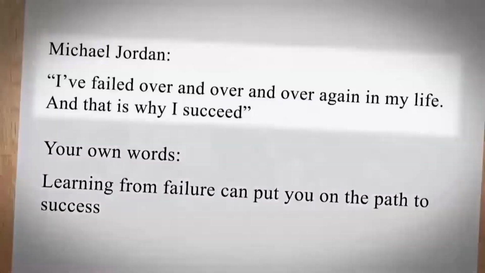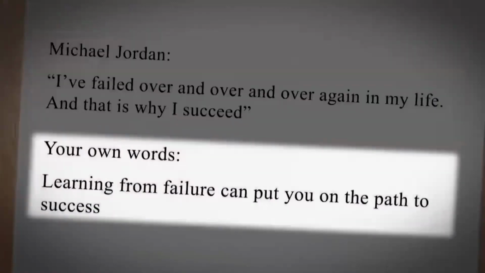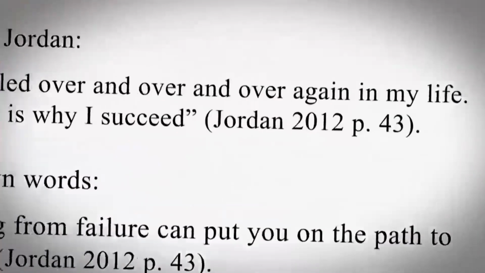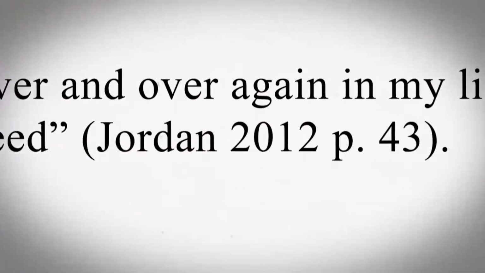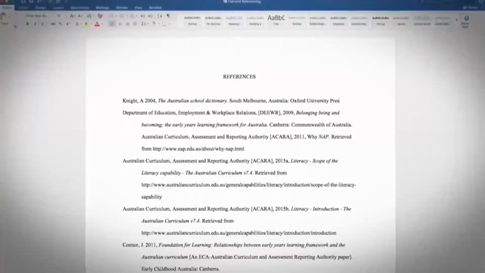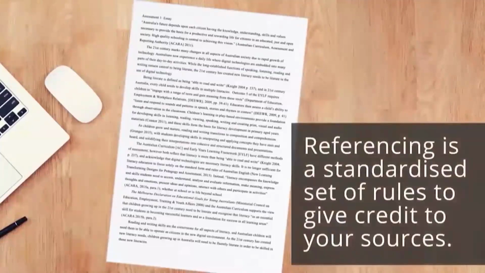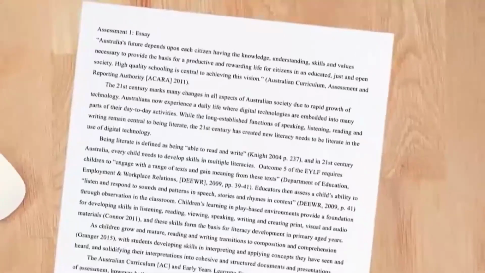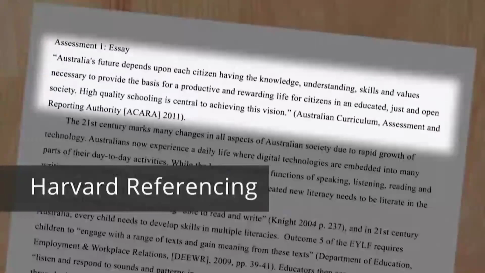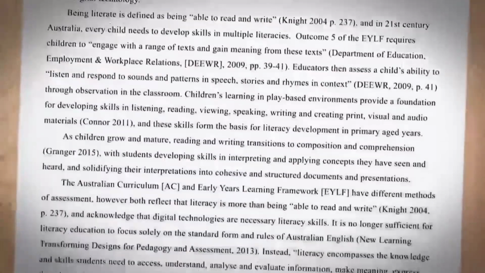This will include the difference between a direct quote and paraphrasing, how to complete an in-text citation for a quote or paraphrase, and how to write your end-of-text reference list. Referencing is a standardized set of rules that you'll use to give credit to your sources. All units, except education and psychology, use the Harvard referencing method. Let's take a look at how to reference using this method.